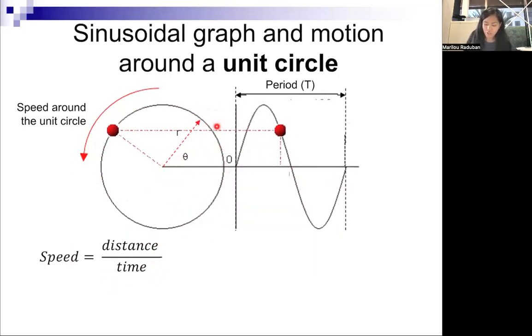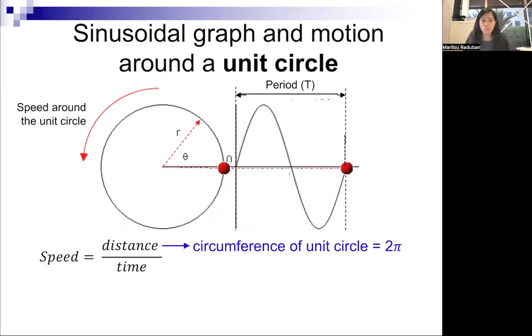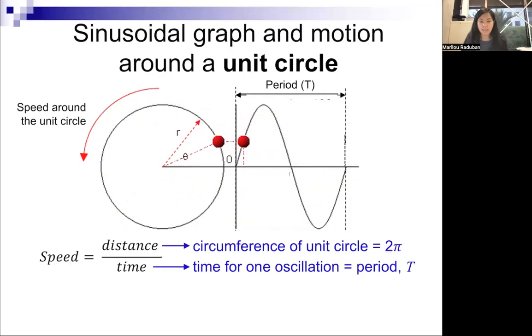And the length of this circle is the circumference, which we've seen earlier to be equal to 2 pi times the radius. But for a unit circle, the radius is equal to 1. So you have the circumference is equal to 2 pi. And as Willow said, the time will be the period. The time for one oscillation will be the period.